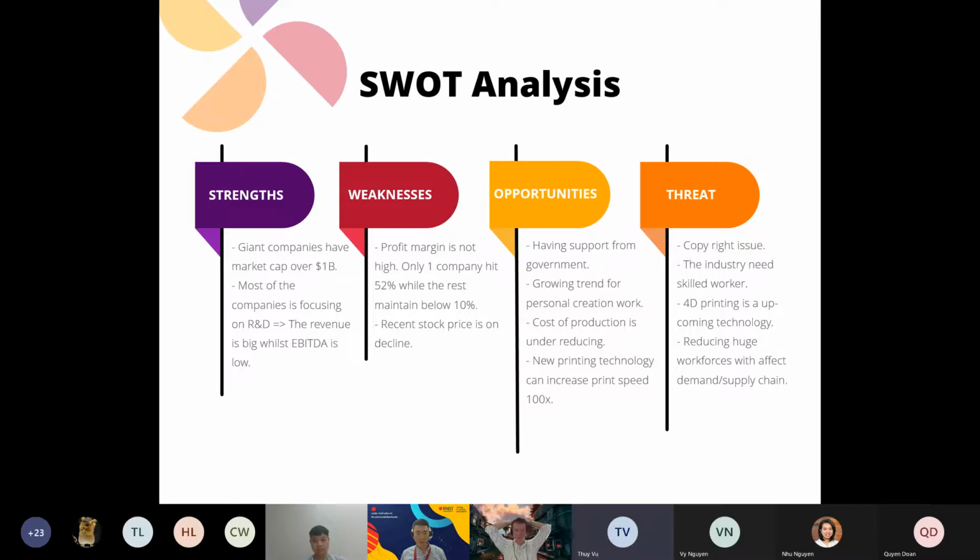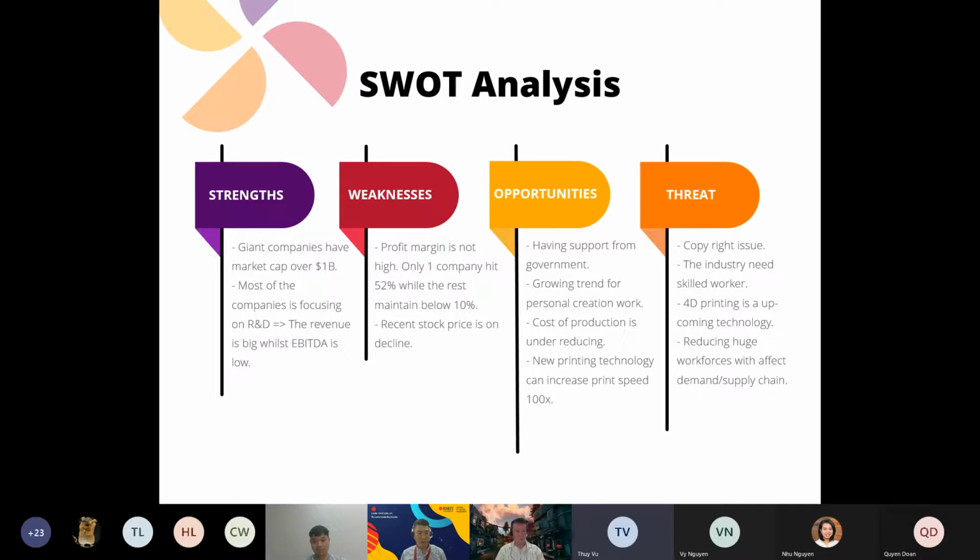And finally, we had a SWOT analysis for our industry. We looked at the strengths. The financial statements helped us see the strengths of the giant companies, which have a market cap from around 1 billion USD up to 2.1 billion USD.